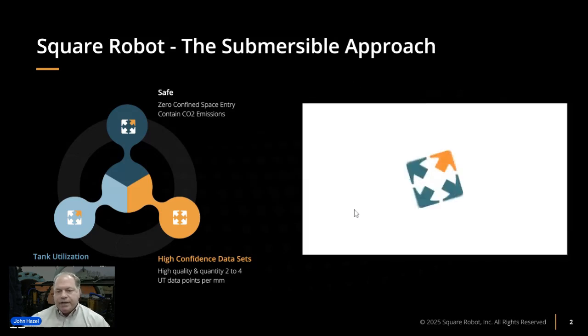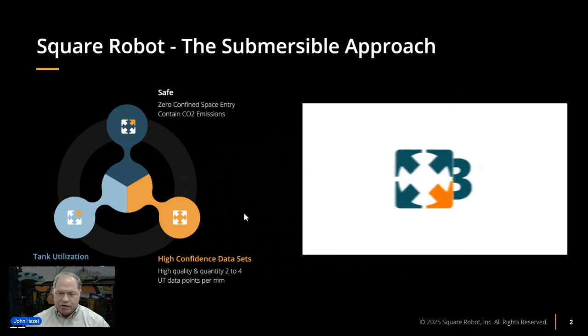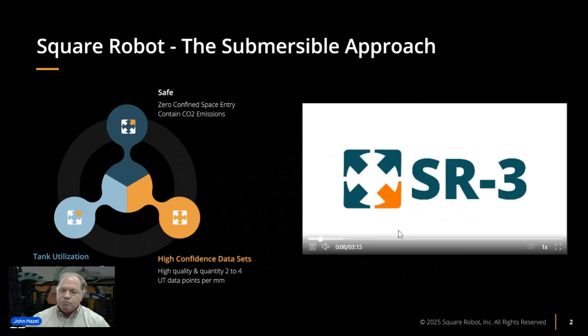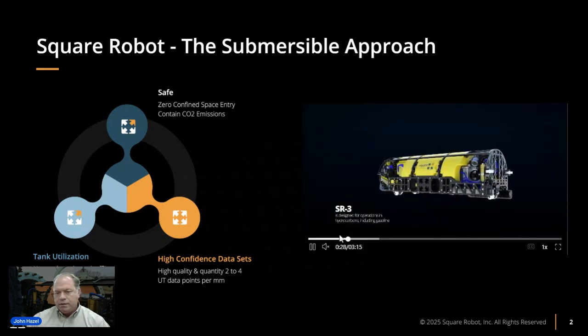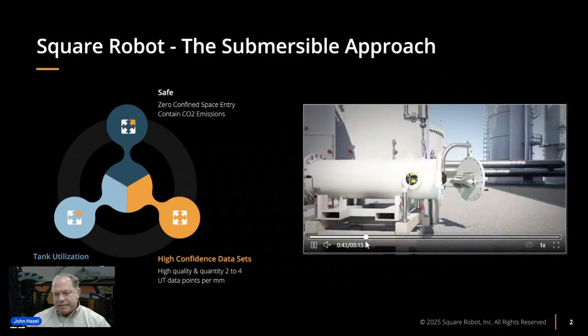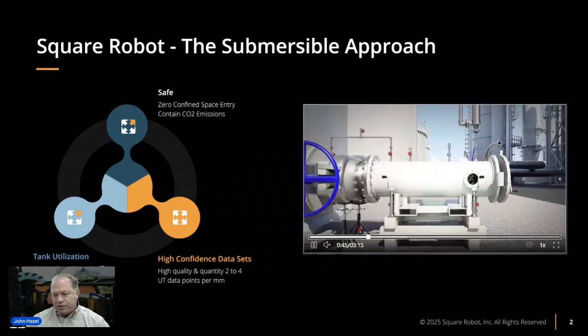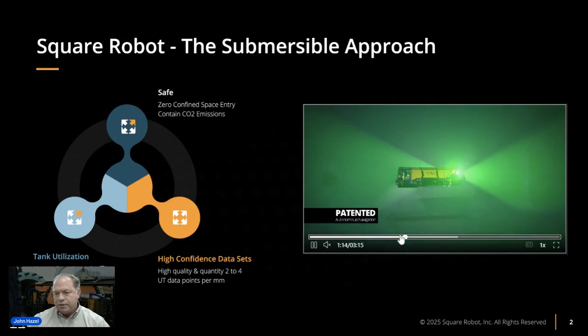We've got a short video here just depicting some of the things we run into in our slide launcher and how that looks in the execution of an inspection. So this is really designed for your low flash point so that we can control that atmosphere and launch into the tank for your gasolines and other products.